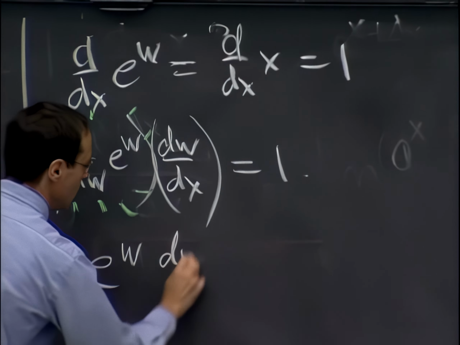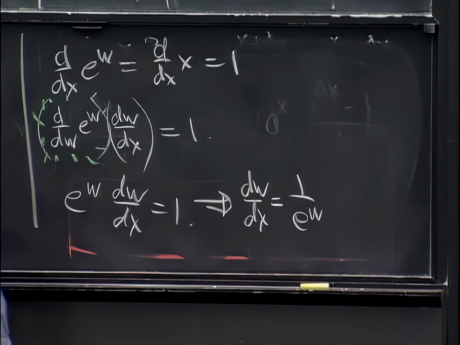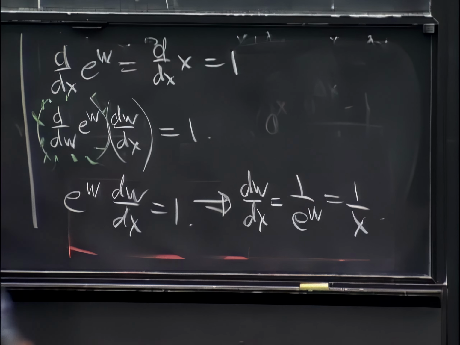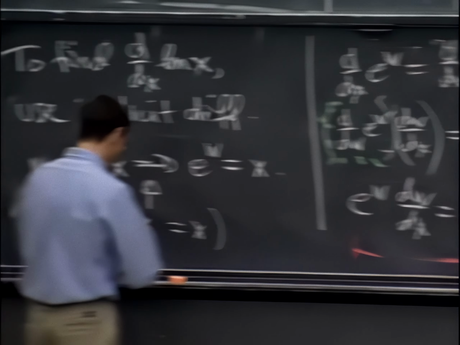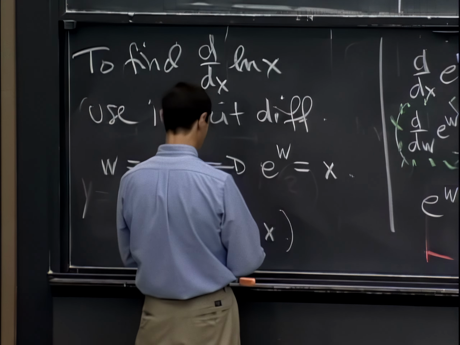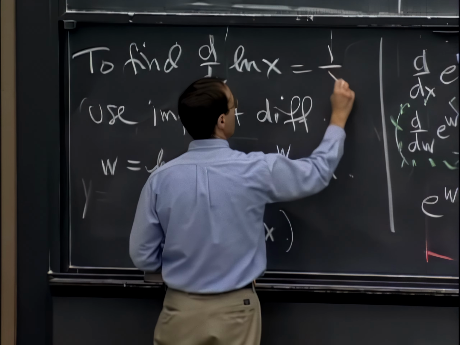And so finally, dw dx is equal to 1 over e to the w. But what is that? It's x. So this is 1 over x. All right, so what we've discovered is, and now I get to put another green box around here, that this is equal to 1 over x.